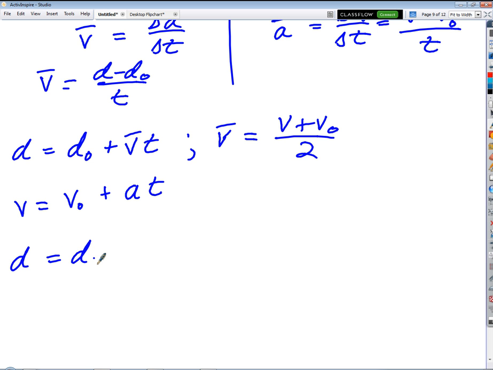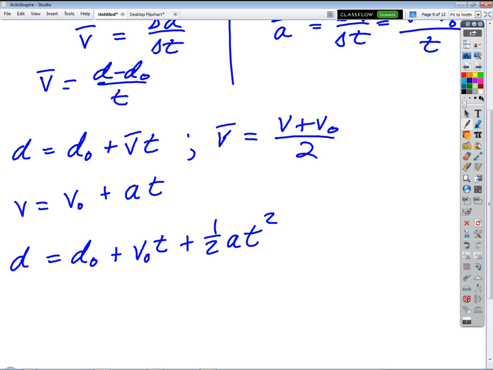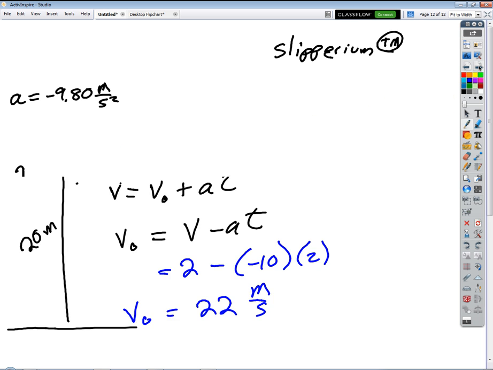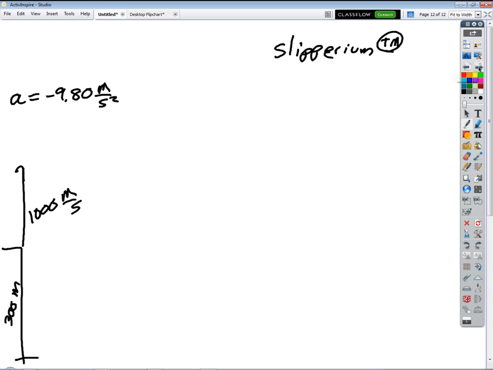Position equals initial position plus initial velocity times time plus 1/2 AT squared. Okay. All right, so now I'm going to just transcribe that onto the other page. And let's do this problem. This is a cool problem. You're going to like this one. So here's our equation.